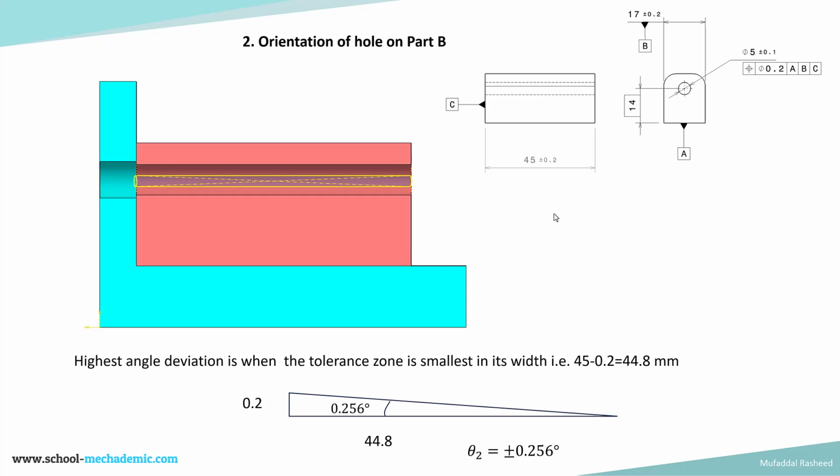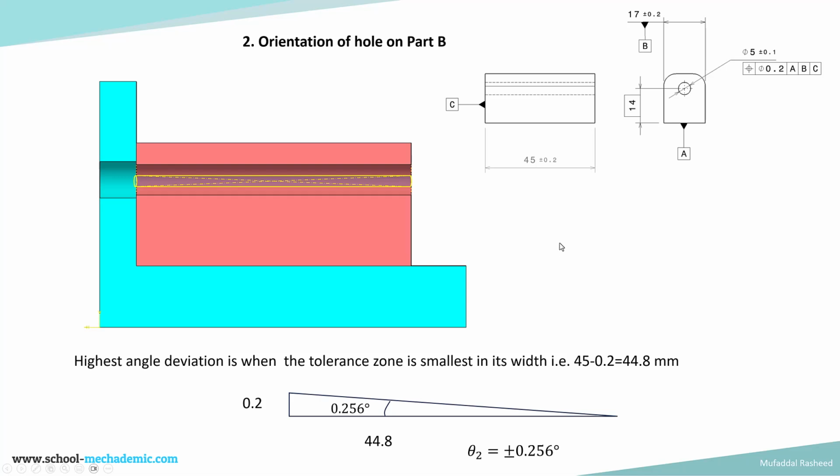So 44.8. So we can calculate the angle. Opposite is 0.2, adjacent is 44.8. Using the tan theta formula, tan theta is equal to opposite by adjacent, 0.2 by 44.8, and then finding the tan inverse, we will get theta 0.256 degrees. So theta 2 is plus or minus 0.256 degrees, which is the second source of variation.